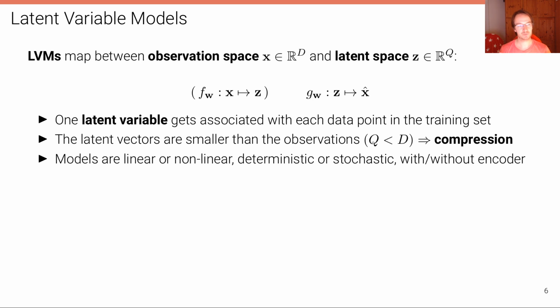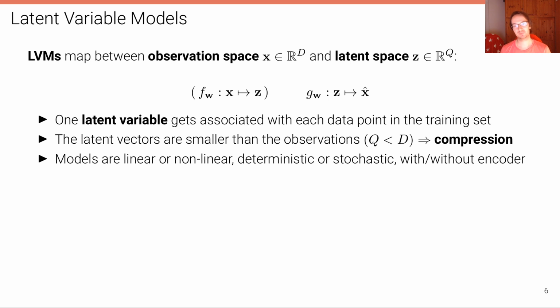So for us, a latent variable model is a model that allows for mapping between some observation space and some latent space. Let's say we have the observation space, so X is, let's say, an image, and this observation space is R to the power of D, so we have D input dimensions. That could be W times H, the width times the height of the image.